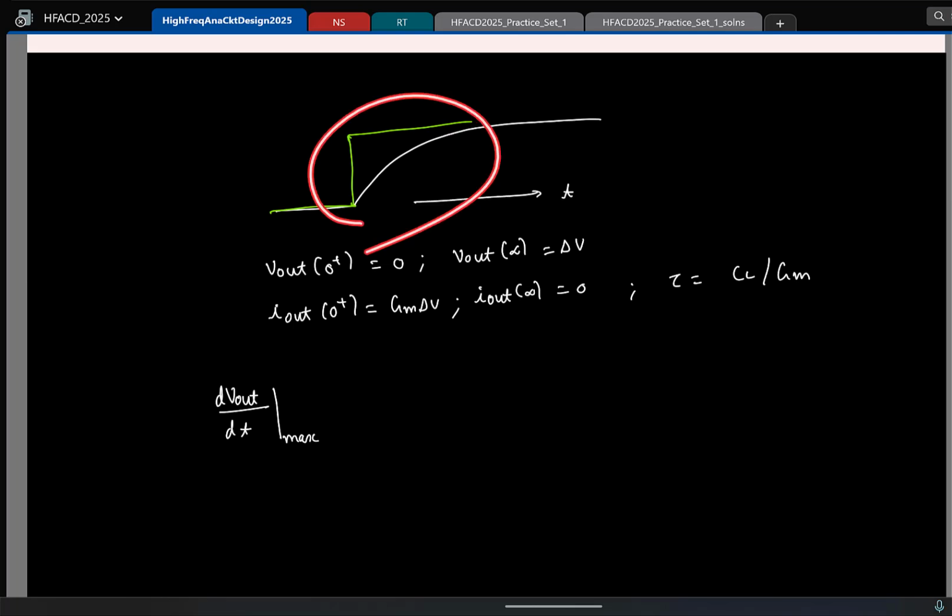So at what time instant do you think the output slope is maximum here? This is the output exponentially rising curve. At what time instant is the output slope maximum? 0 plus. So that means that we look at the slope at 0 plus. And what do you think is that slope at 0 plus?